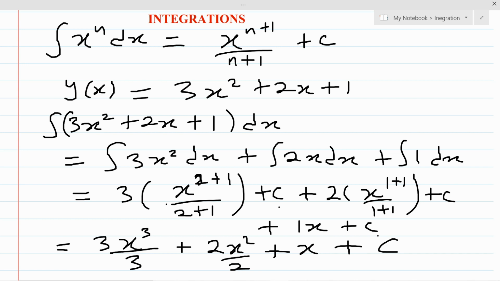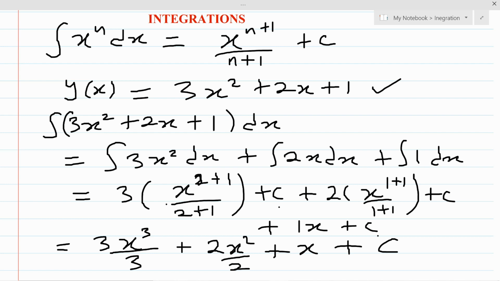So in other words, if you are integrating a function that contains a lot of polynomial terms with different degrees, separated by either addition or subtraction, you just have to integrate them term wise.